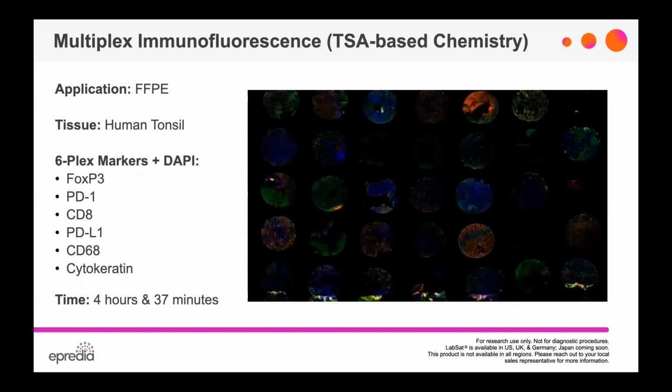So here's an example. This is formalin fixed paraffin embedded tissue. This is a human tonsil section, and we used a six-plex marker with DAPI with FOXP3, PD1, CD8, PDL1, CD68, and cytokeratin. And this was a 4-hour, 37-minute protocol that we ran, TSA-based chemistry, with phenomenal staining results across the entire sectional cores.